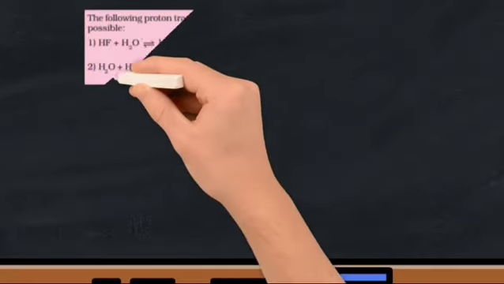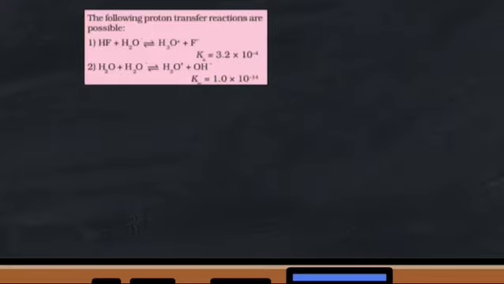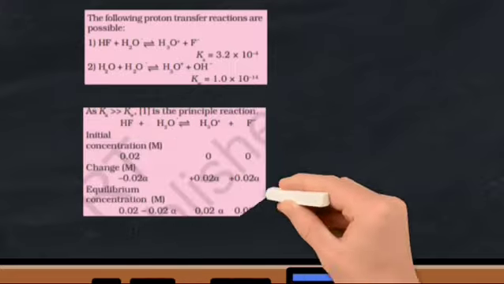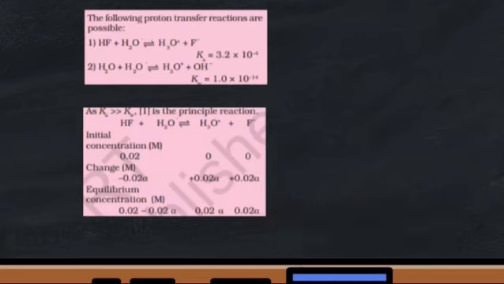First of all, the following proton transfer reactions are possible. Reaction 1 is HF + H2O in equilibrium with H3O+ + F-, and for this, Ka, the dissociation constant for the acid, is equal to 3.2 × 10^-4. Reaction 2 is 2H2O in equilibrium with H3O+ + OH-, the dissociation of water itself.